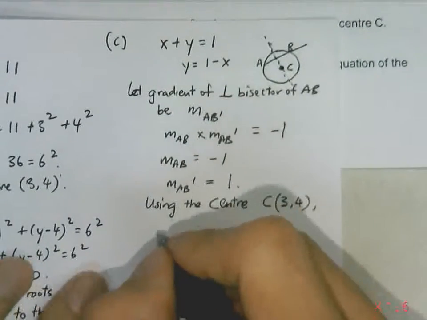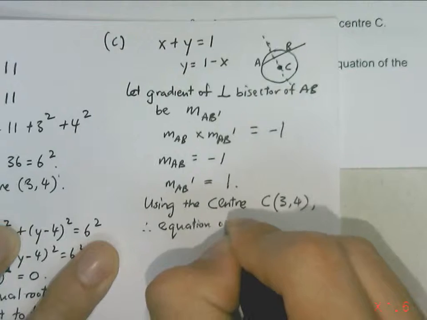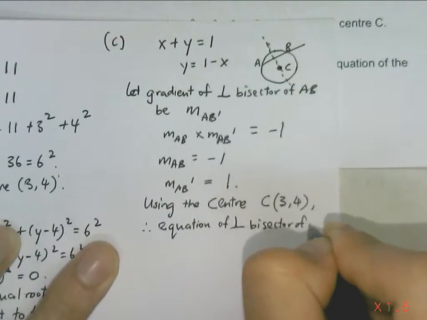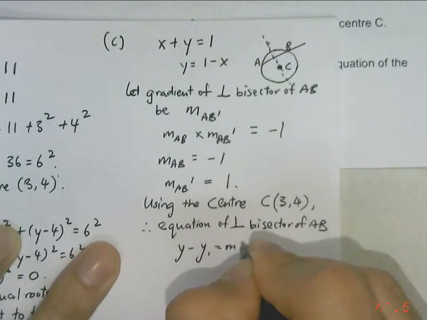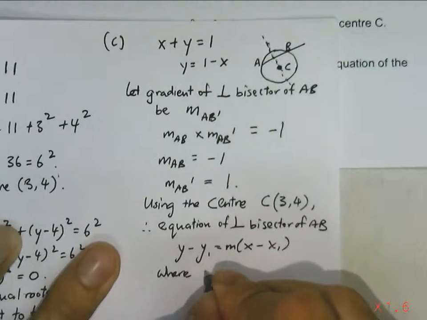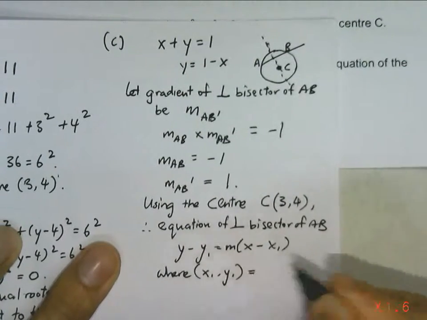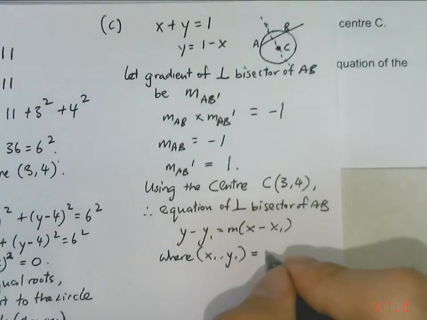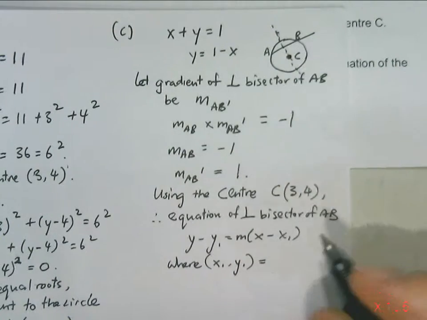So the equation of the perpendicular bisector of AB would be this, where x1, y1 is a point on the line itself, which is the center, because the perpendicular bisector will cut through the center.